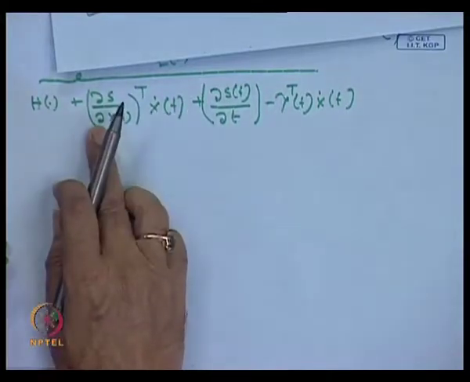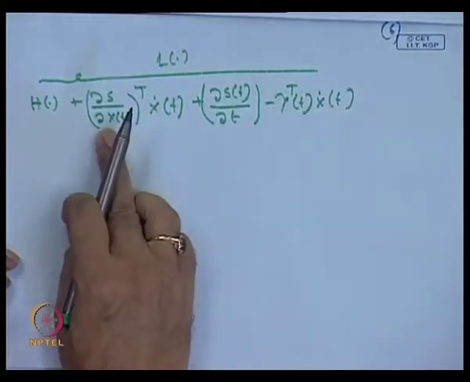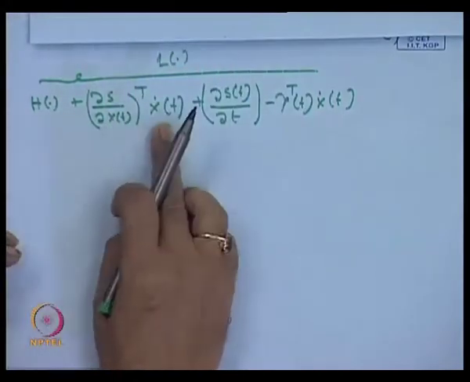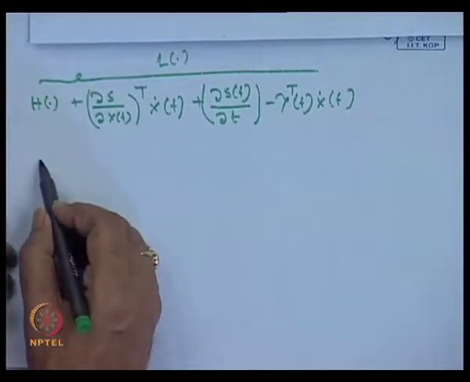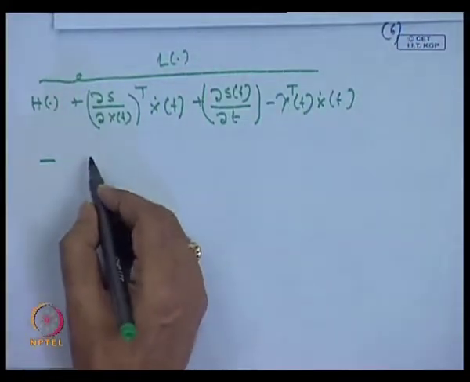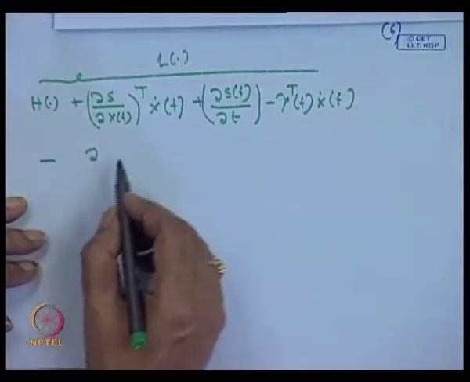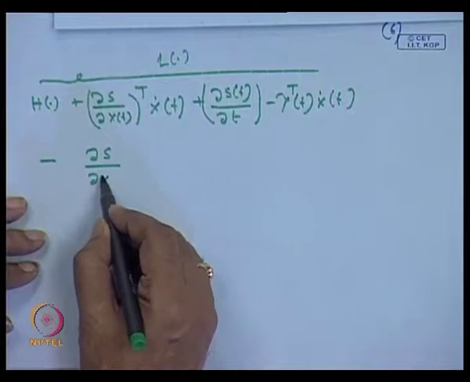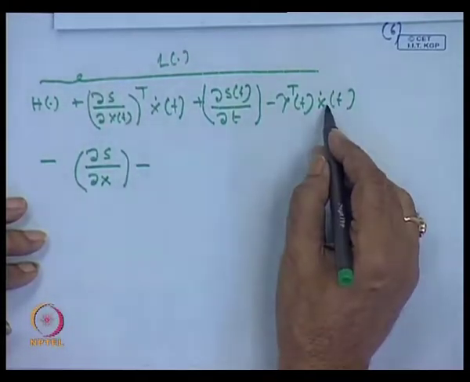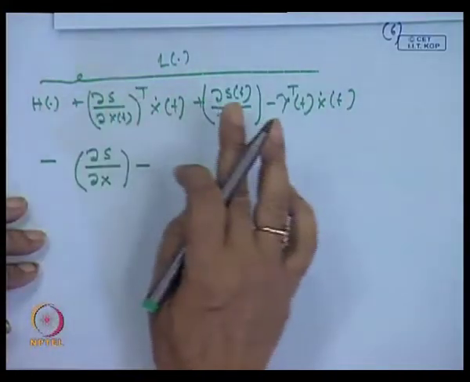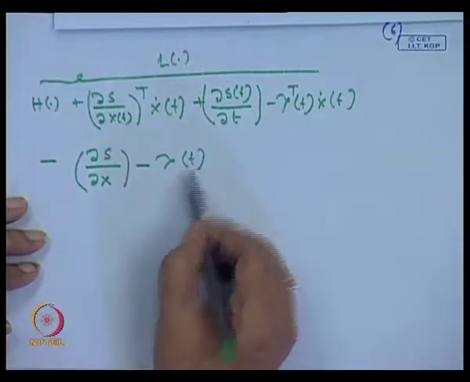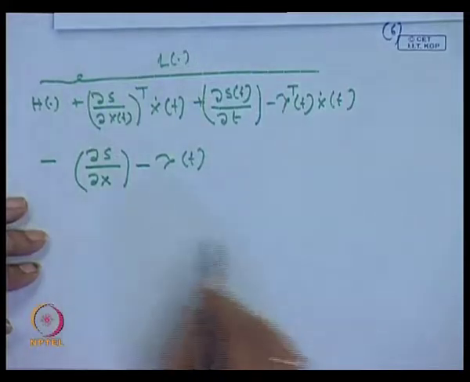When we differentiate the whole thing with respect to x dot, it will be del S del x of t minus lambda of t.